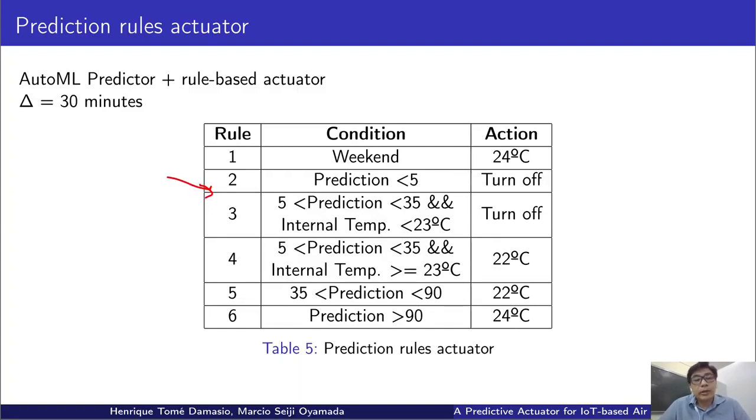For the moderate power consumption, the actuator uses the prediction and also the internal temperature to decide the air conditioner configuration. And if the predictor returns a high demand of the energy consumption, the actuator sets the air conditioner unit to work at 24 degrees in order to induce fewer activations of the AC unit.